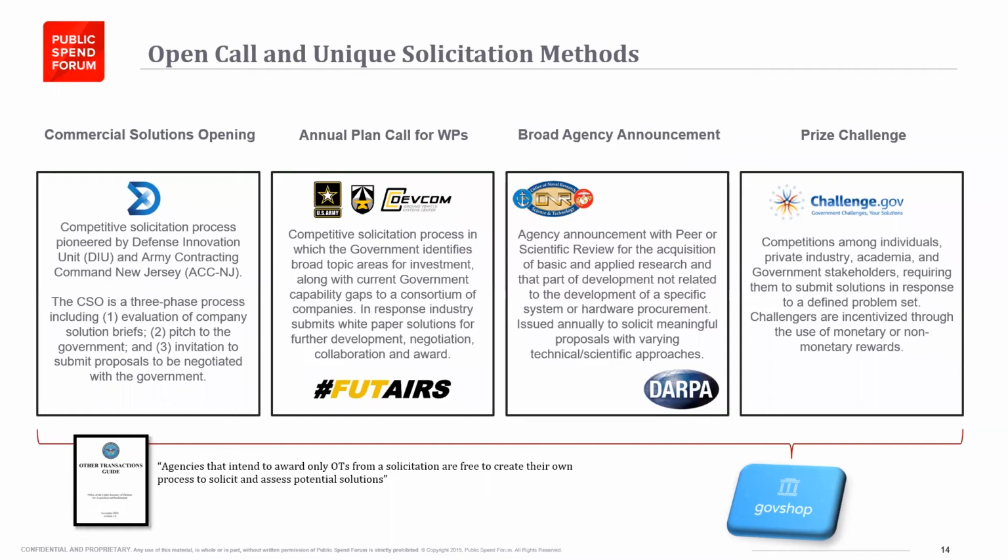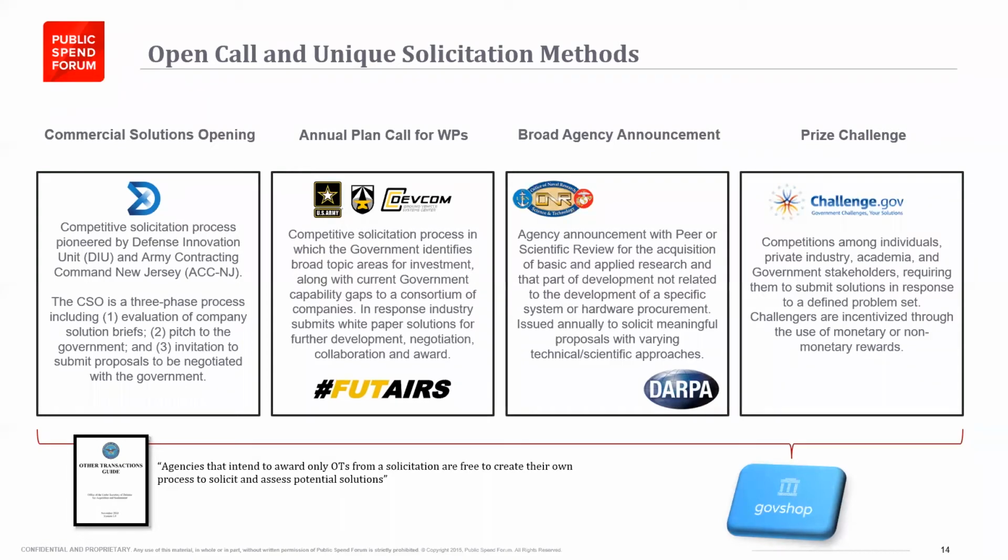And what I mean by that is the commercial solutions opening is just that broad open call for certain technologies that an agency needs, except it's for later technologies. And what I mean by later technologies is prototyping and commercial modified solutions. So you're beyond that basic, applied, and advanced research.